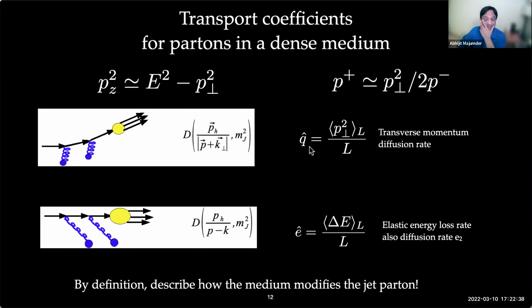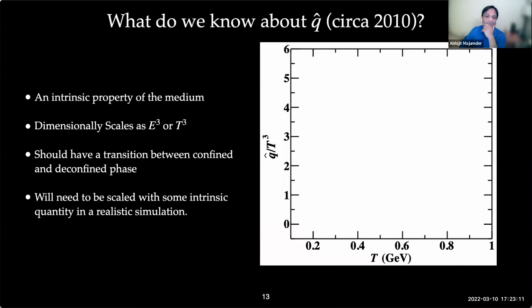The coefficient that does that is called q-hat, and that basically quantifies the amount of transverse momentum squared obtained per unit length. There could be longitudinal momentum exchanges, which could lead to a drag, could also lead to a diffusion, and that's often called e-hat, or the elastic loss rate. And these basically describe how the medium would change one parton, right? And then you have to have this happen over all the partons in that shower.